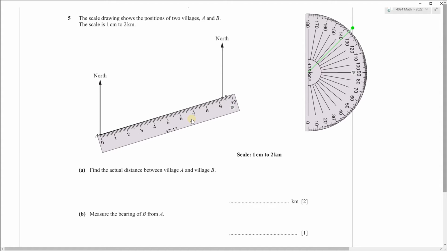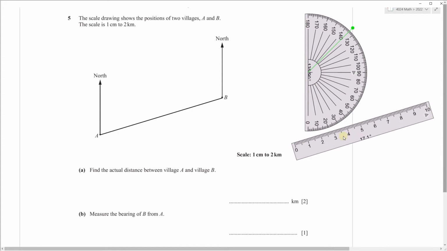So this line here is 9.3 centimeters. The scale is 1 centimeter is 2 kilometers. So 9.3 centimeters will be 9.3 multiplied by 2, which is 18.6 kilometers. So this is the actual distance between the two villages.